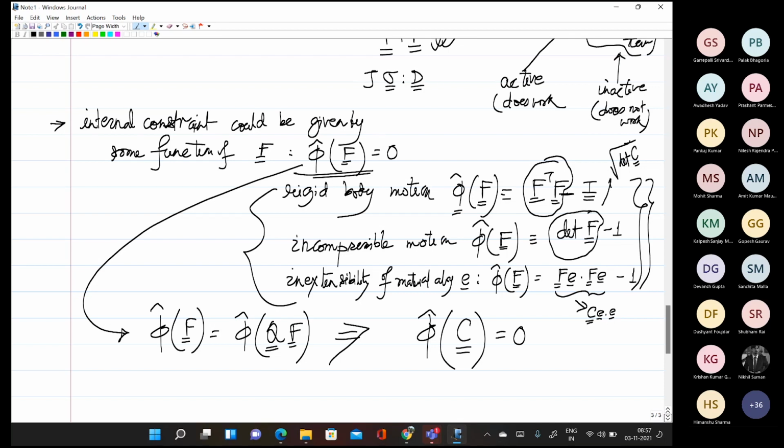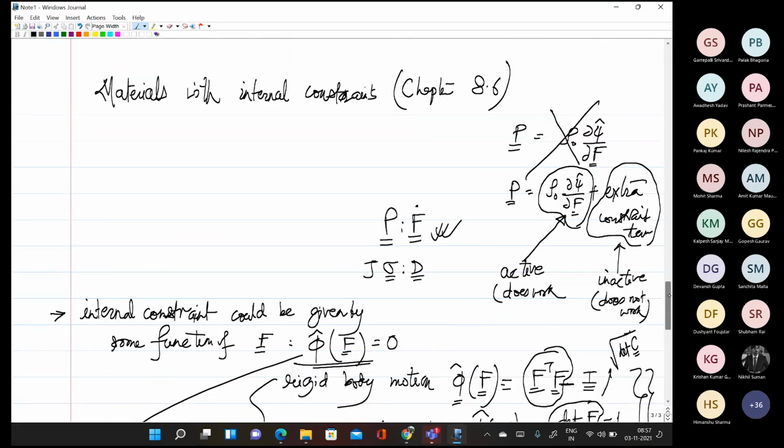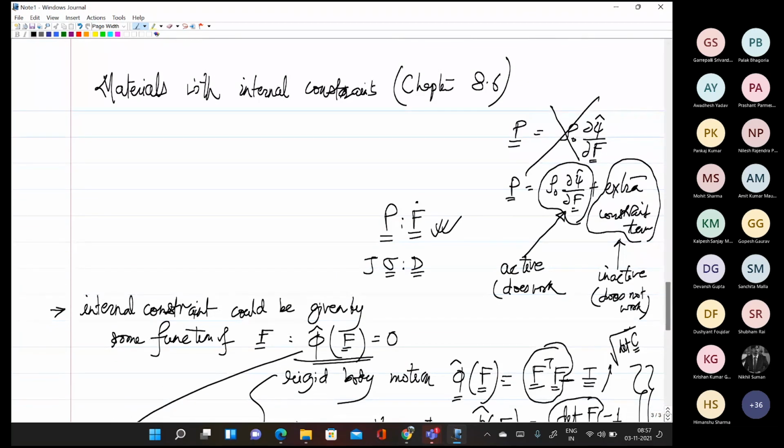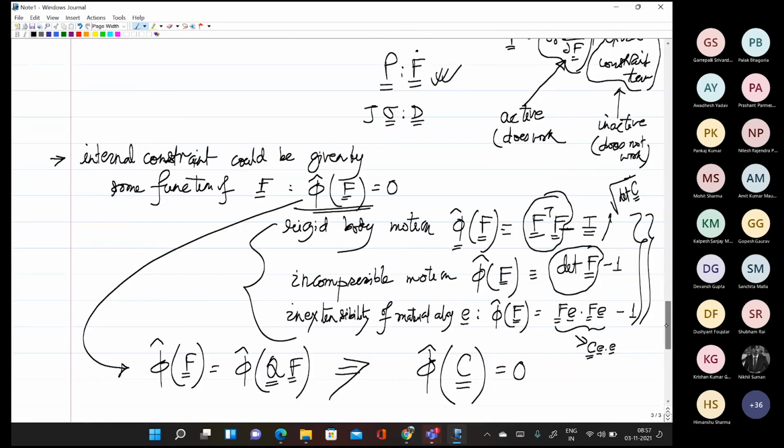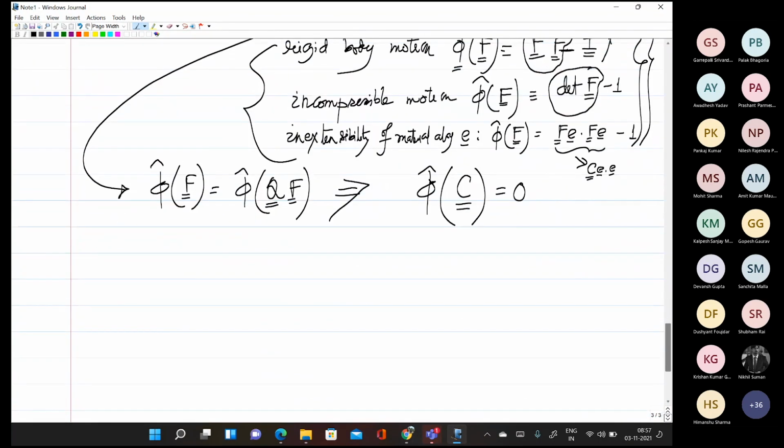Okay. Now, the basic question: what will be the extra term in the formula for sigma, or the first PK? So let's think of sigma, for example.